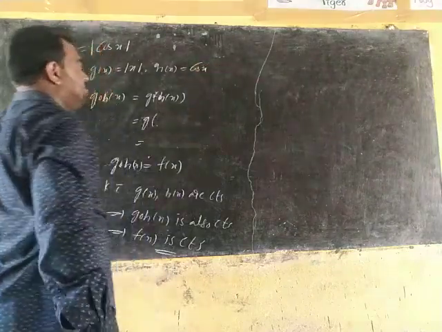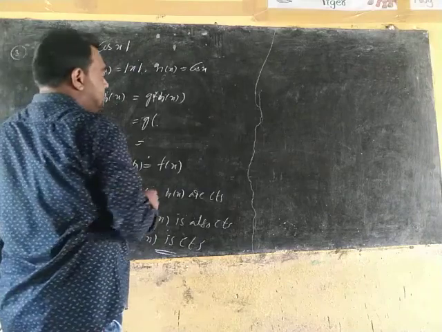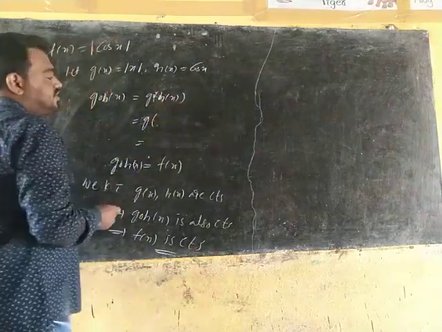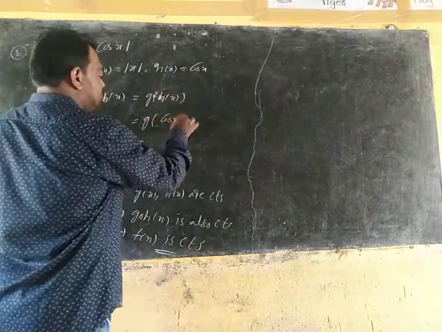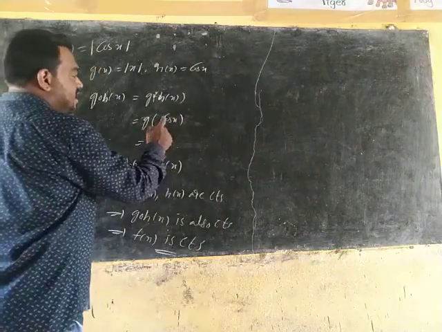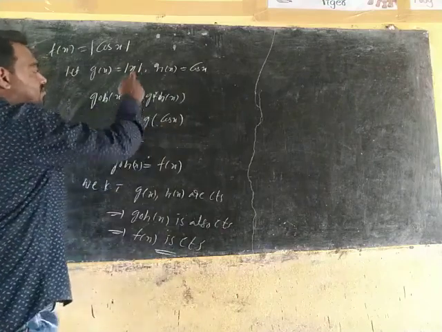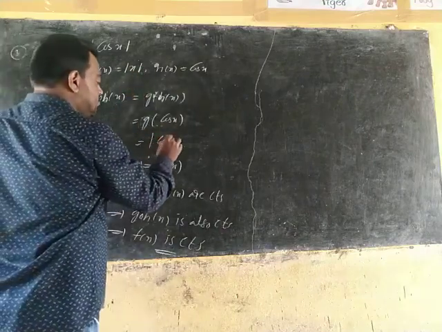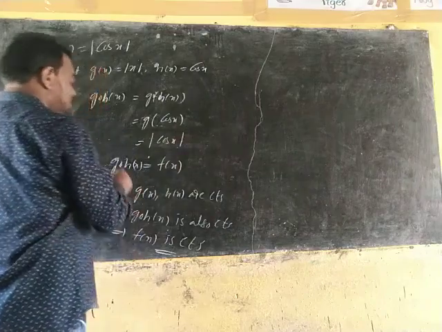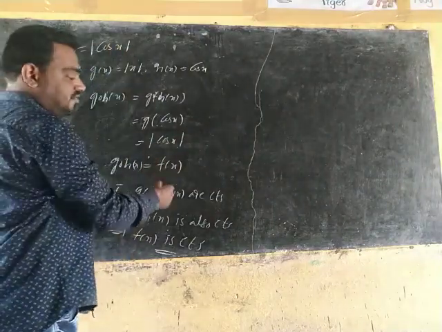Now I am finding g circle h of x. This is nothing but g of h of x. h of x is equal to what? Cos x. Now g of cos x is mod x. g of cos x is nothing but modulus of cos x. Now g circle h of x is nothing but f of x.